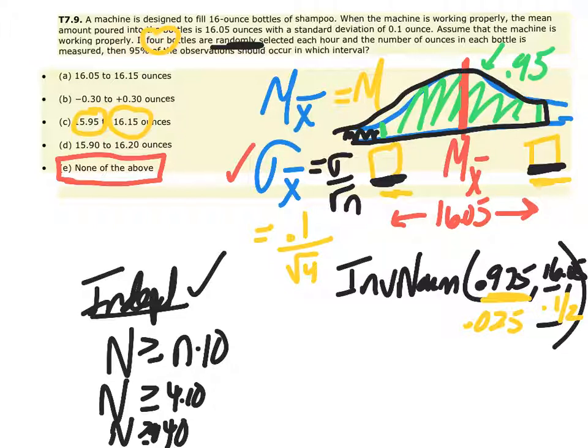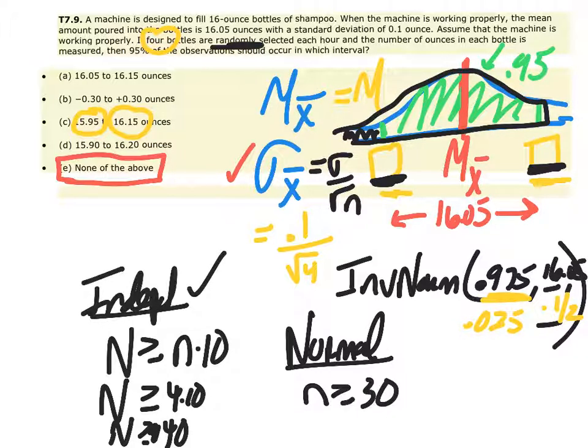Now the condition for normalcy, if you want to check if it's a normal or approximately normal distribution for the means, is the central limit theorem. And that would be either they're telling us in this problem that the population is normal, which they haven't. Because they haven't told us the population is normal, we must use the central limit theorem. So the test for this is the sample size greater than or equal to 30?